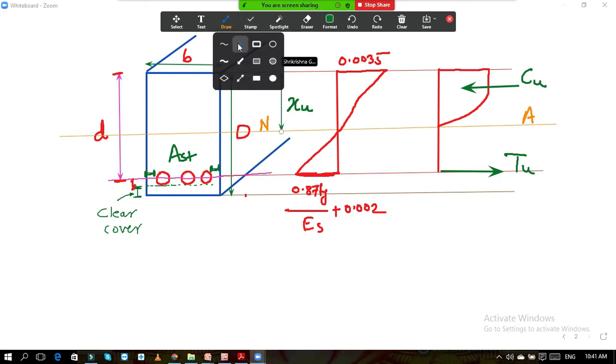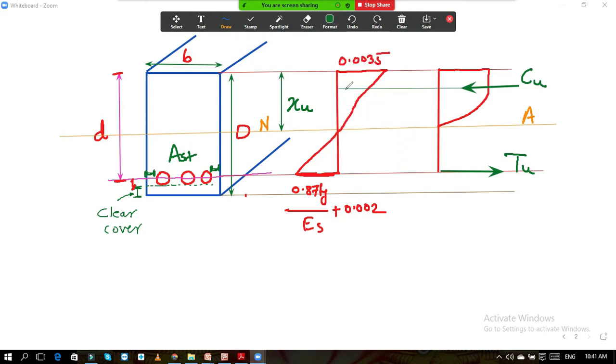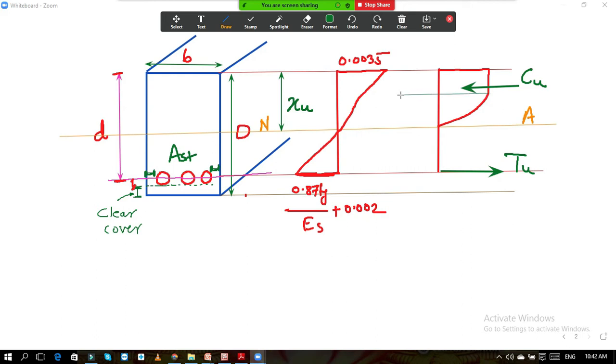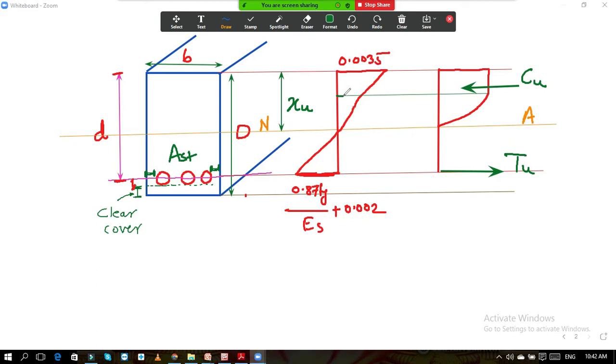Again, if we project this line up to this point over here, then at this point the strain is 0.002, and this is approximately 0.43 XU for the strain I am talking about.